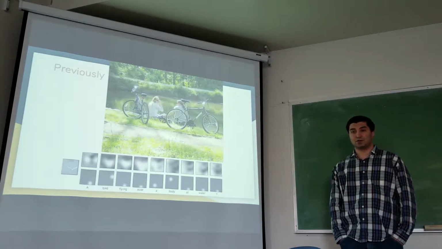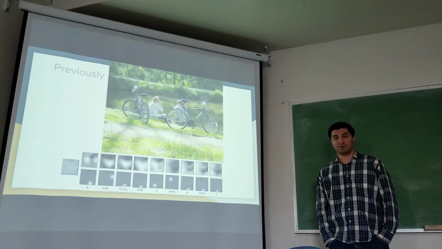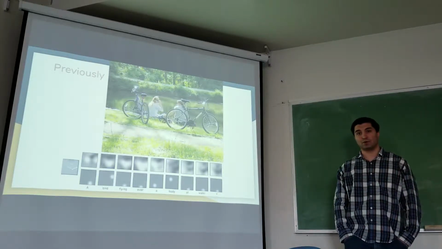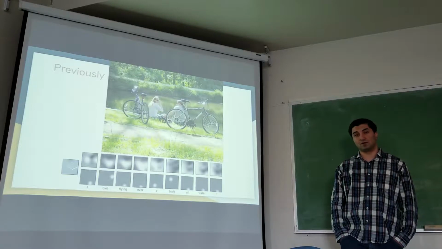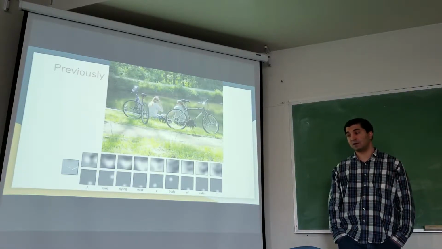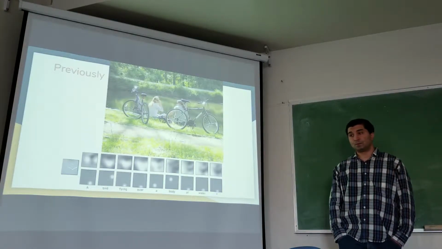In today's lecture, we're going to go over a few selected topics: the LSTM and the attention mechanism. This video is going to go over the attention mechanism, and I will be presenting that part.